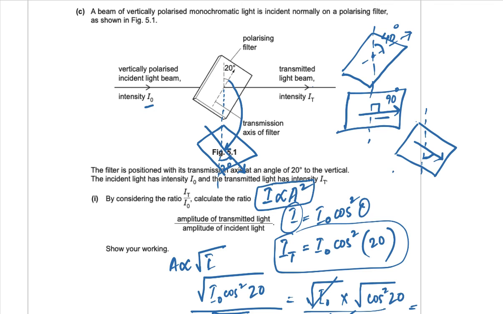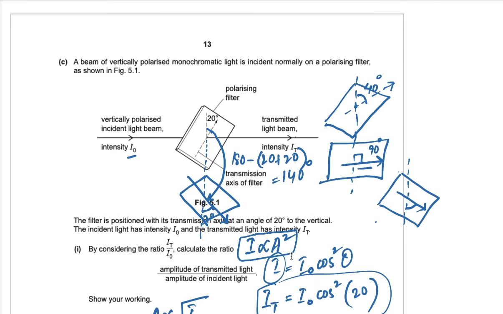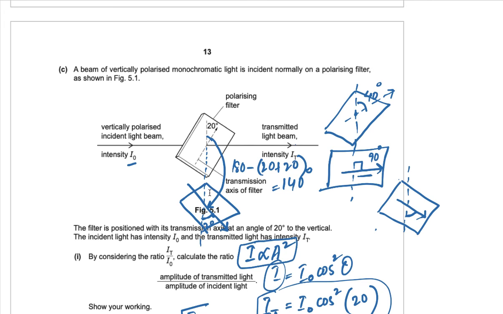This is the angle that it was moved through. And since the sum of the angles on a straight line is 180, so 180 minus the sum of this, so 20 plus 20, this equals 140 degrees. 140 degrees more, so that it is positioned in this way, so that it reaches an angle of 20 degrees again between the transmission axis and the vertical part, so that the transmitted beam had an intensity which is equal to the initial intensity that was transmitted into the polarizing filter.